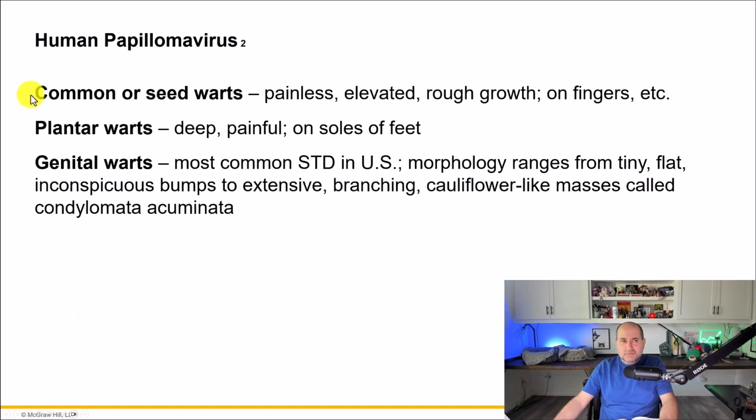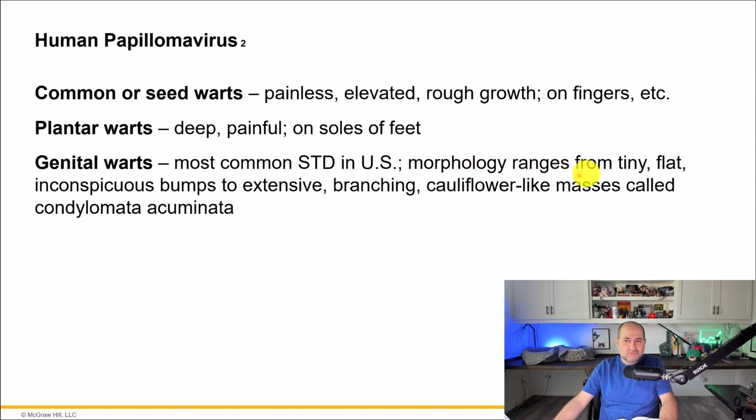And there are 3 types of warts that are common with HPV. Common or seed warts, which are painless, elevated, rough growths on fingers. Plantar warts, which are deep, painful warts on the soles of the feet. And genital warts, which are the most common STD in the US.